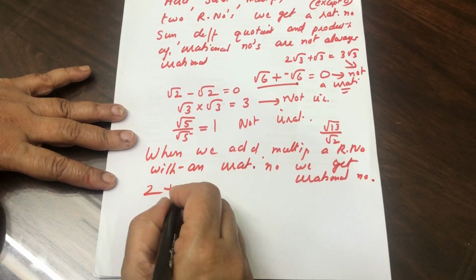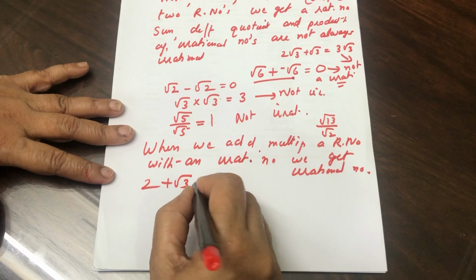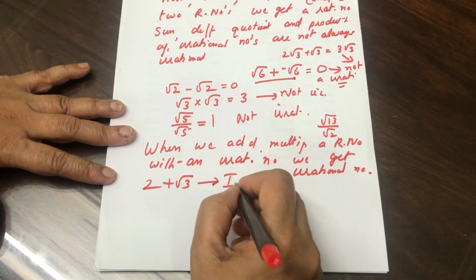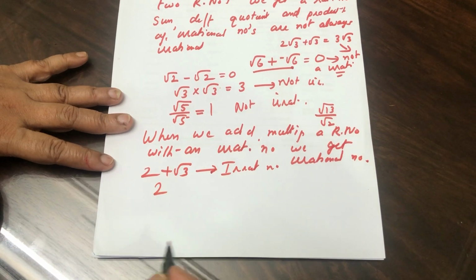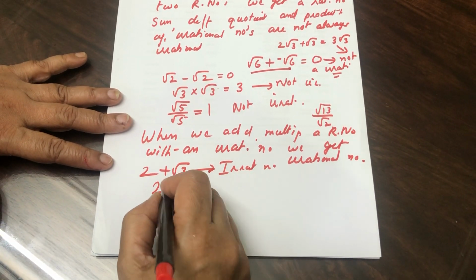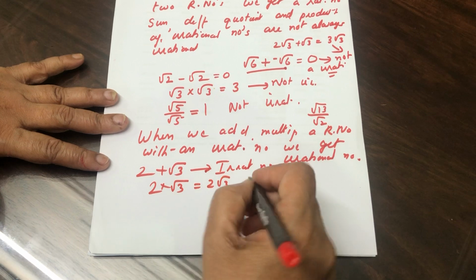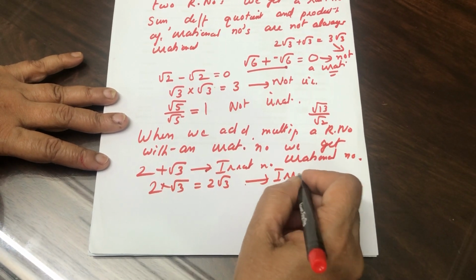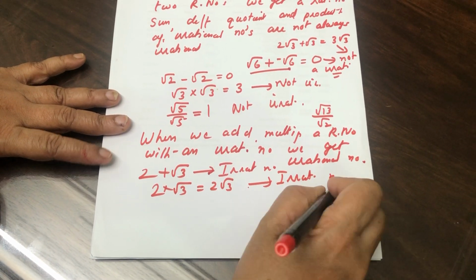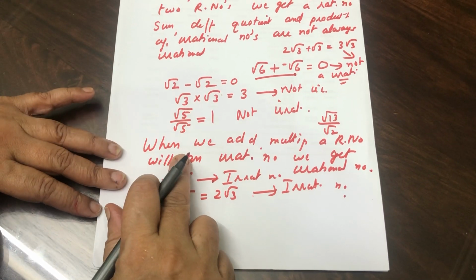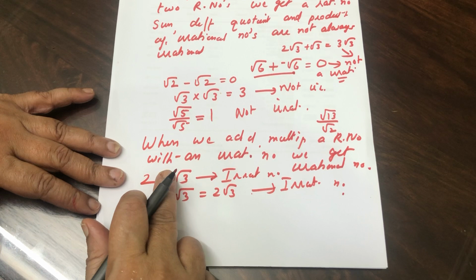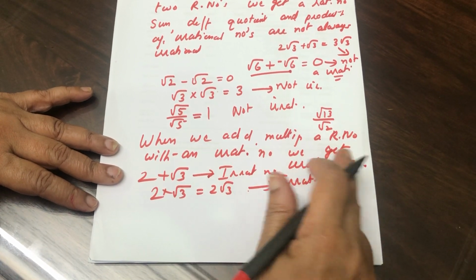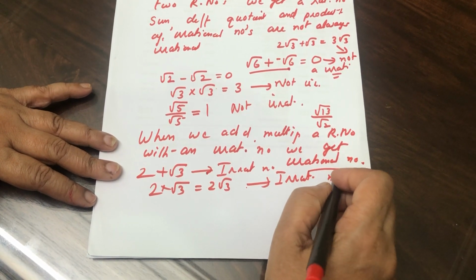You add 2 plus root 3. It is an irrational number. You take 2, multiply with the irrational number root 3. That is 2 root 3. It is also an irrational number. So therefore, when you add or multiply a rational number with an irrational number, we get an irrational number.